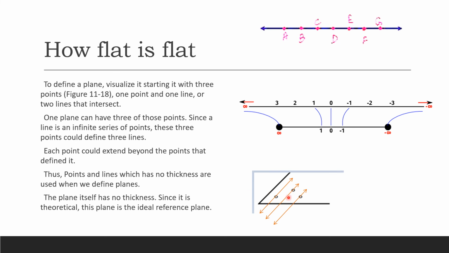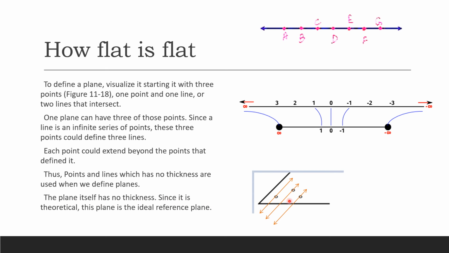So points and lines here, which have zero thickness, do not exist in our world. Everything that you touch has a thickness. Okay, so what has no thickness is used when we define the plane. So the plane itself has no thickness.